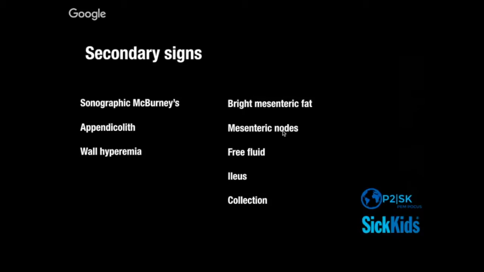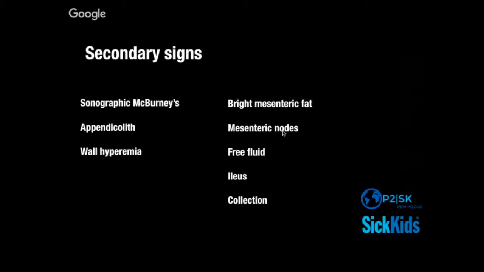So I've divided the secondary signs into ones that are secondary signs of the appendix itself, and then secondary signs that aren't the appendix itself. And those secondary signs include the sonographic McBurney's, if we're talking about the appendix itself, an appendicolith within it, which is really highly predictive of appendicitis, and hyperemia of the wall.